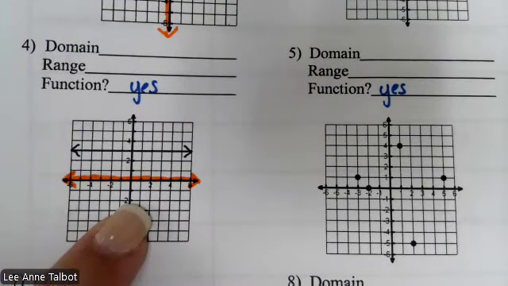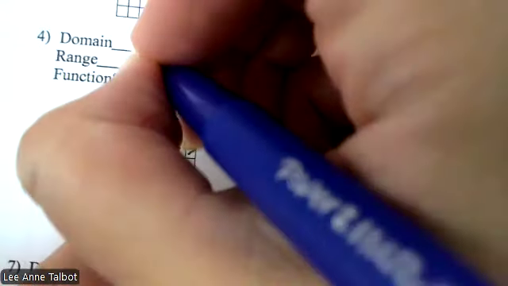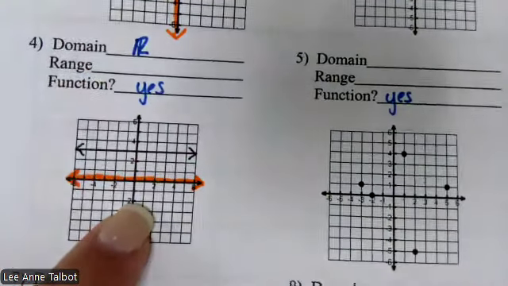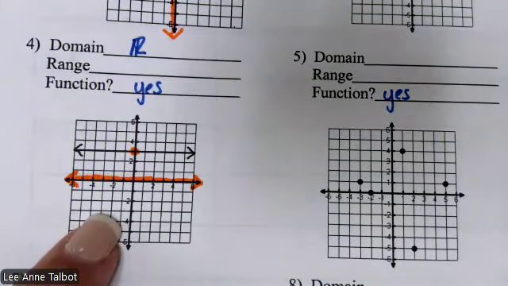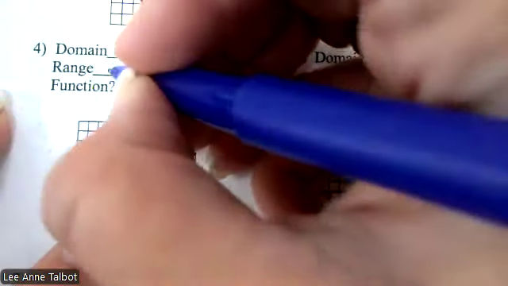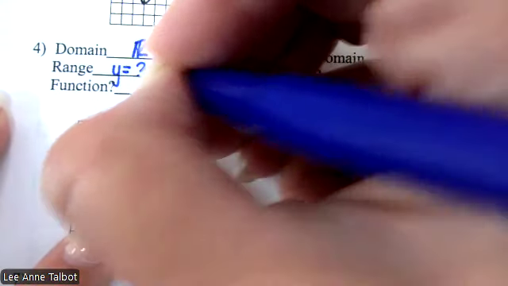Okay, so that's all real numbers for the domain. And then the range actually is only one spot on the Y. This graph only touches one place on the Y right there. So we put Y equals.